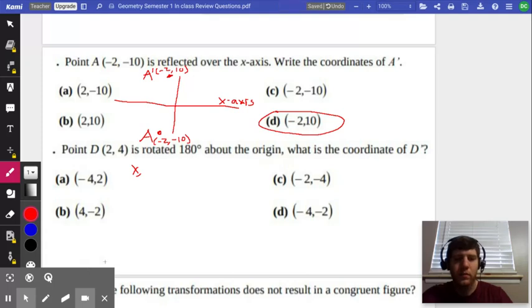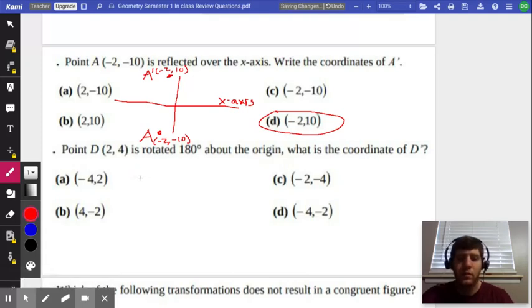We're rotating (x, y), that's going to go to... I'm sorry, negative x, negative y. I don't know what I'm thinking here. So you're simply switching the sign. So (2, 4) becomes (negative 2, negative 4).